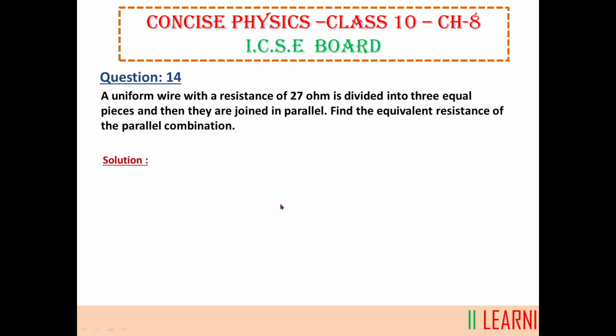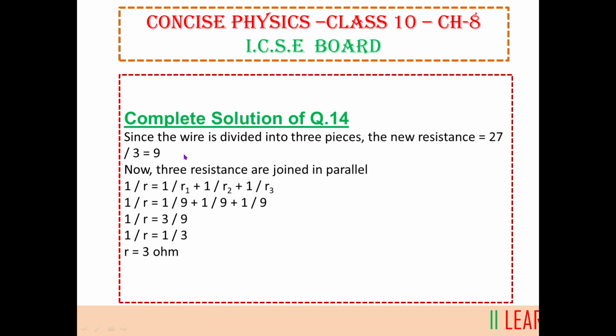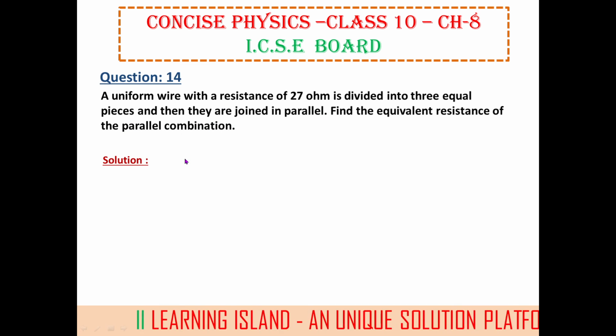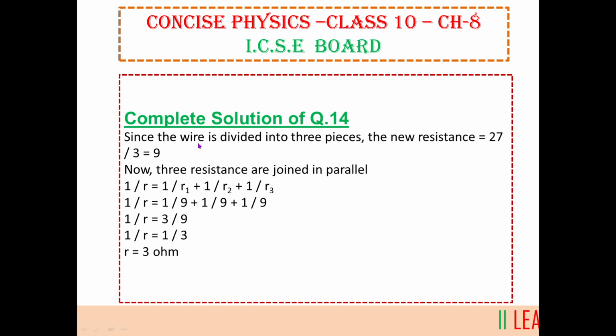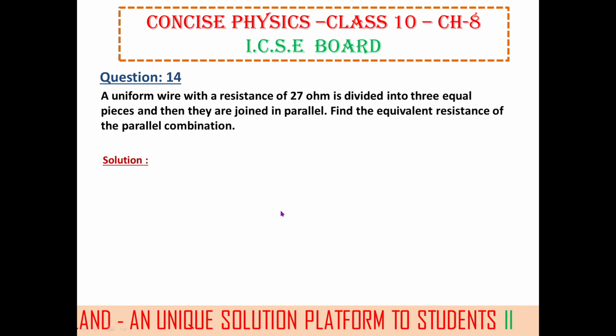Next question is question 14. A uniform wire with a resistance of 27 ohm. So what happened? Given is a wire of uniform resistance. Suppose this is A, B. This is the wire.